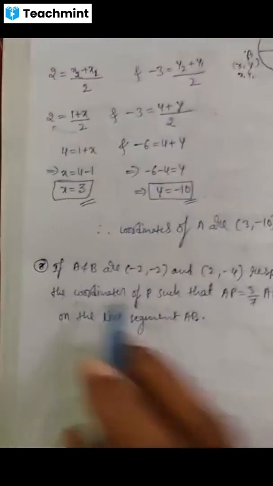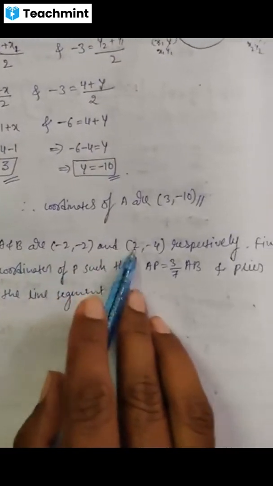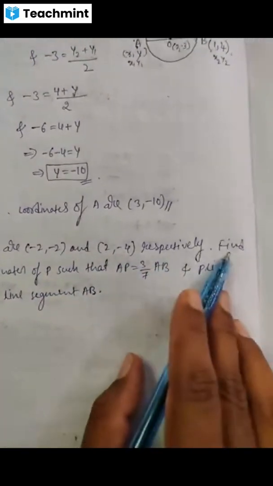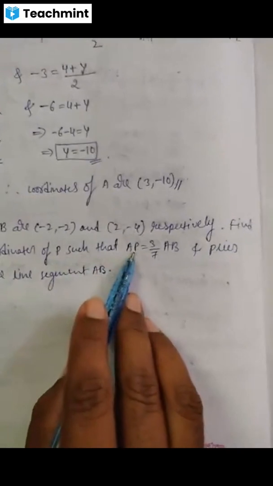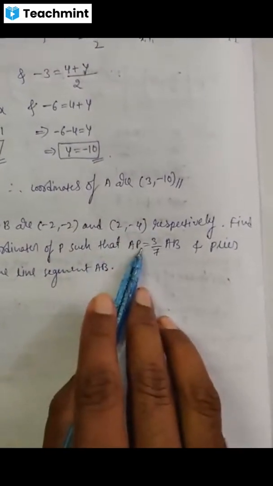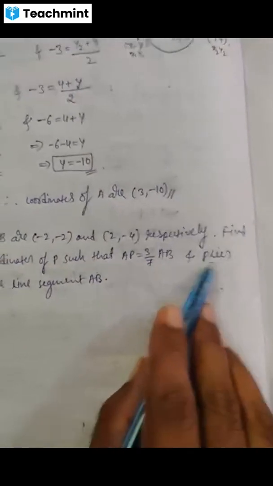Listen carefully here. If A and B are given, find the coordinates of P such that AP is 3/7 of AB and P lies on the line segment AB.